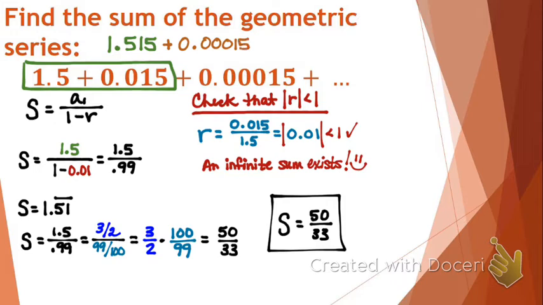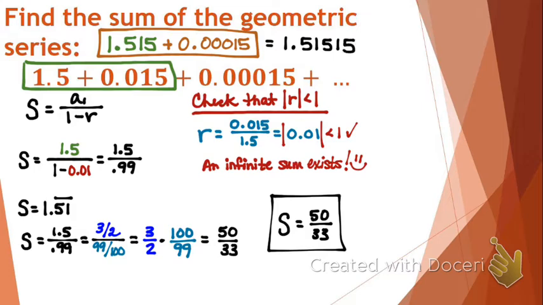What do I get if I add those two together? 1.51515, right? And it has this dot, dot, dot after it, so this process kind of keeps going, right?